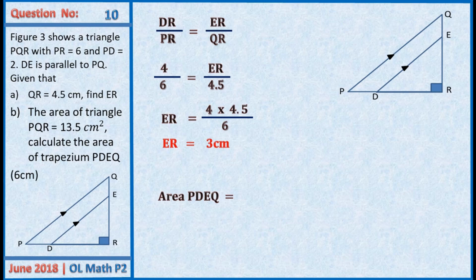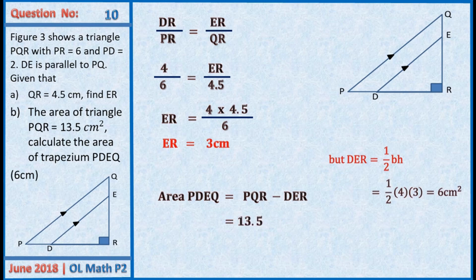So the area of the big triangle minus the area of the small one will give us the area of the trapezium. And it's so nice that the area of the bigger triangle has been given as 13.5. The area of the smaller triangle will be given by half base times height, giving us half times 4 times 3, which is 6 centimeters. So PDEQ will be equal to 13.5 minus 6, giving us 7.5 square centimeters.